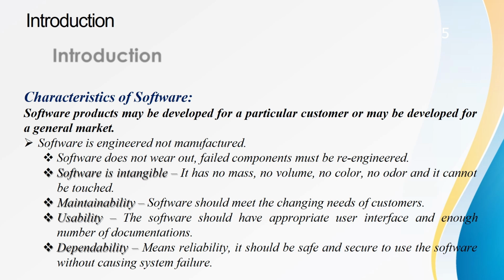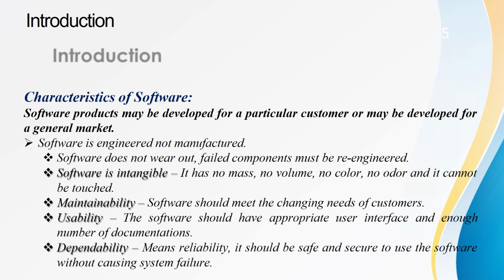That is called maintainability. The next one is usability. What do you mean by usability? It should have an appropriate user interface and enough documentation. Why do we need documentation? It specifies the guidelines on how to use the software product. That comes under usability.